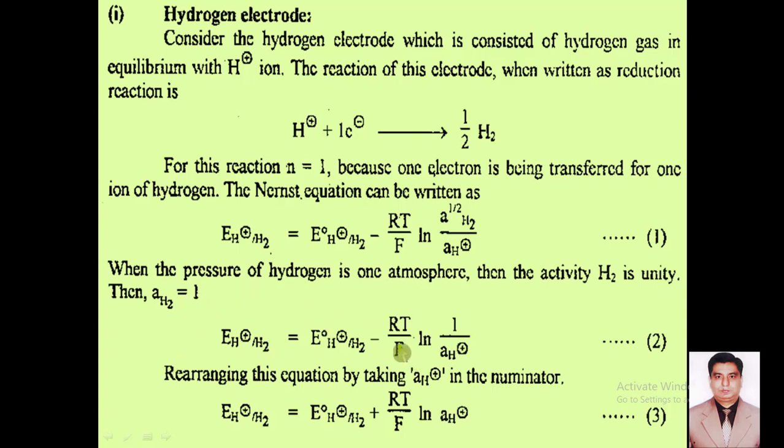So if we rearrange this equation number 2, then we can write it in the form of equation number 3: electrode potential of the hydrogen is equal to standard hydrogen electrode potential, minus will be replaced with plus because we have rearranged. Here it is minus, but now it will be plus after rearrangement, RT over F and log natural into activity of hydrogen ion.